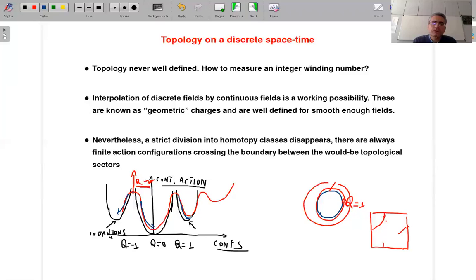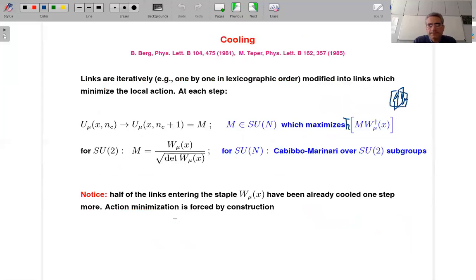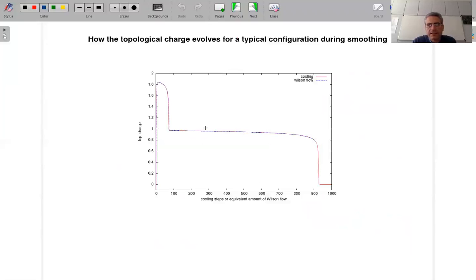Now, the process is metastable in the sense that since you are on the lattice, you will always find a path to move through another topological sector. In this particular case, if you wait long enough, after order of 1,000 cooling sweeps over the lattice, you change topological sector finally, and you switch to the trivial topological sector.